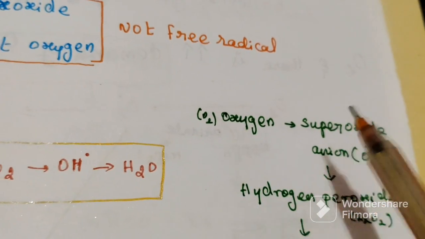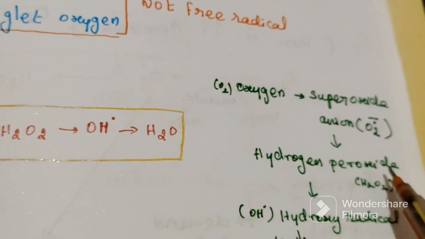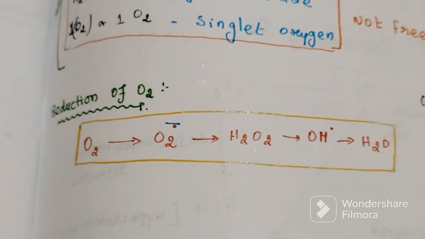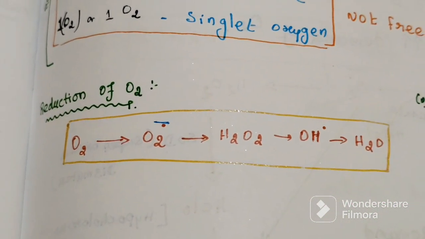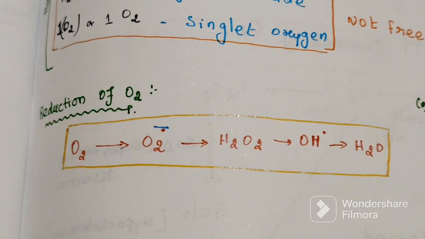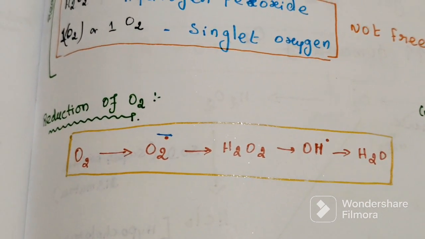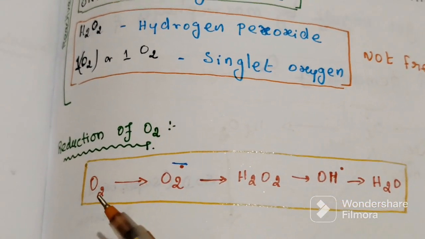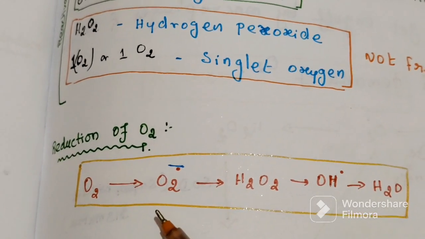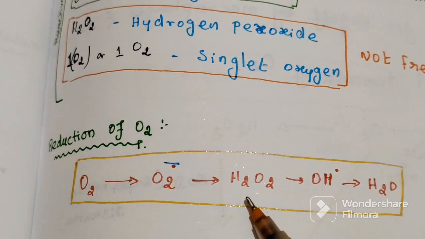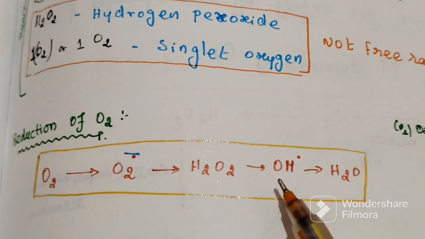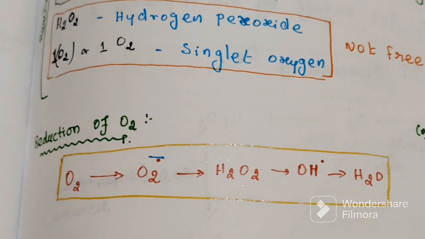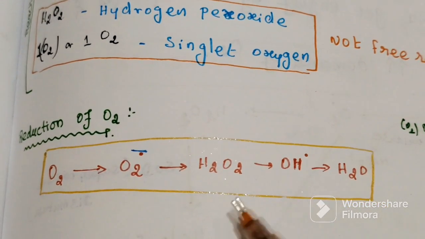These are the steps in the reduction of oxygen and generation of free radicals: oxygen to superoxide anion, then hydrogen peroxide, then hydroxyl radical, then water molecules.